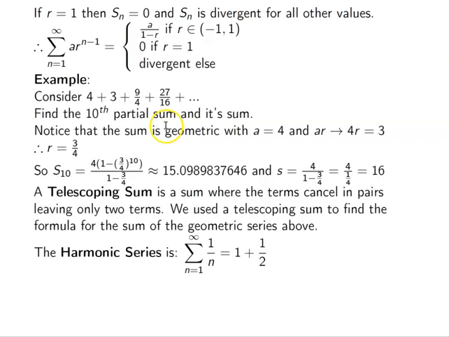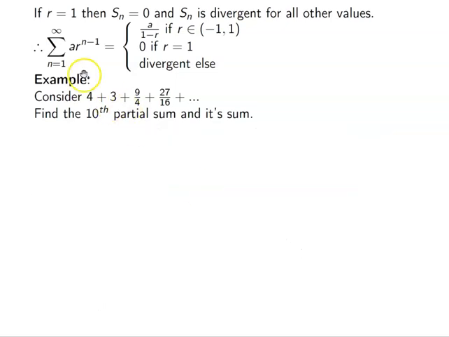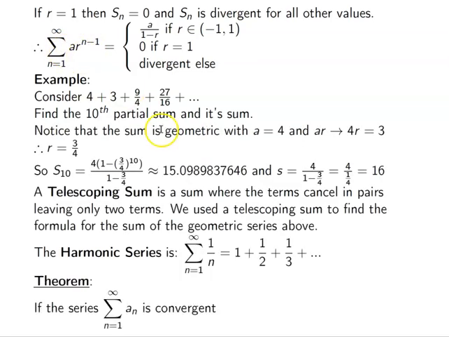If I were to take the limit of that general term, that would go to 0. 4 times 3/4 to the n minus 1 would continue to get smaller and smaller as I look at the limit. If I took that limit, it will go to 0.